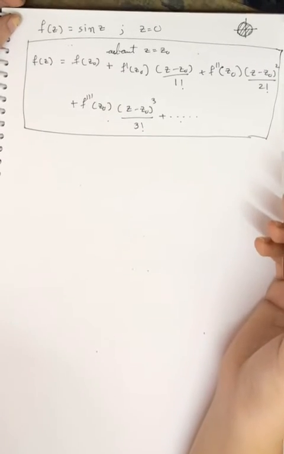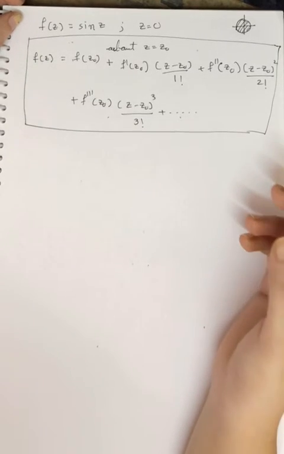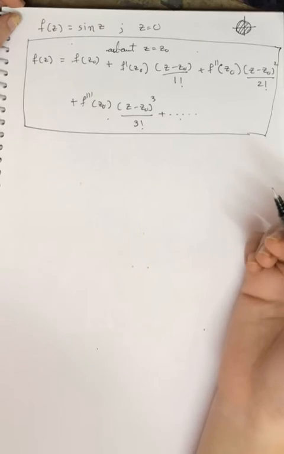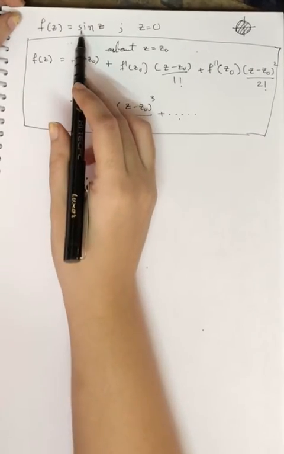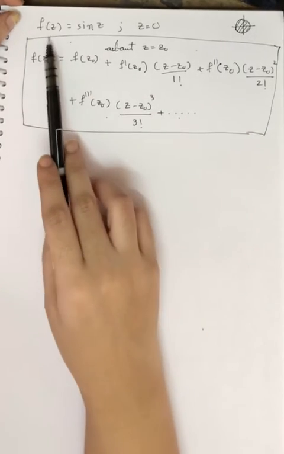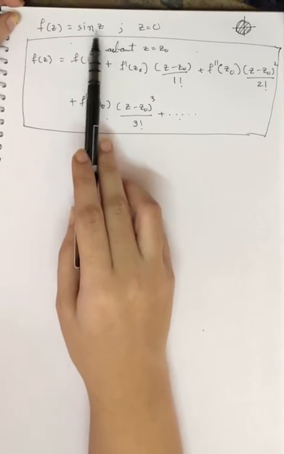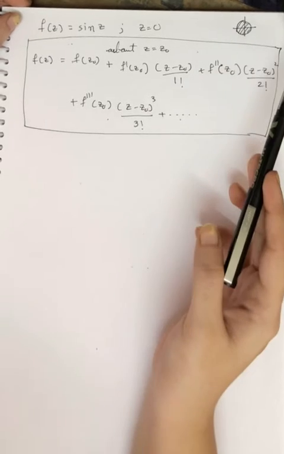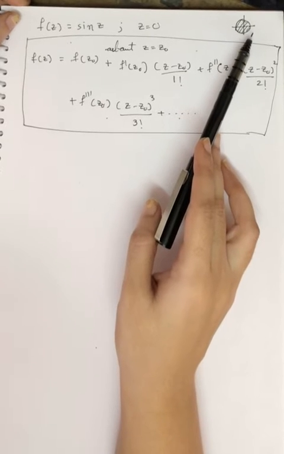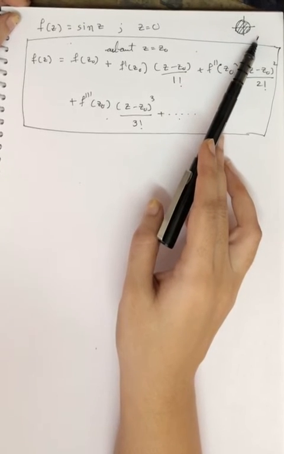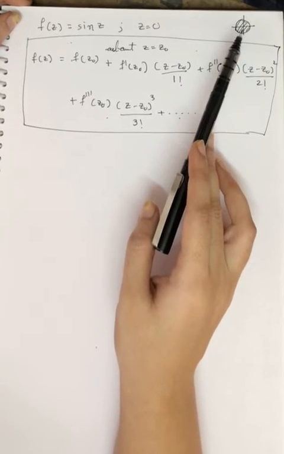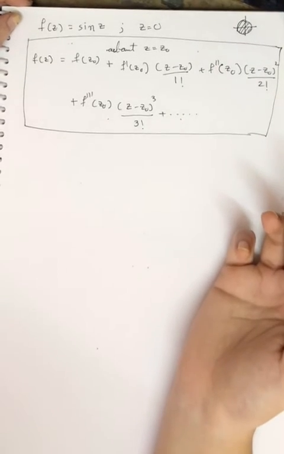If you are not given which series expansion you have to perform, you are just given a function and asked to find the series expansion, then you will have to check first in what kind of a region the function is analytic, whether it is in the closed region or in the annular region. Then you can perform the Taylor or Laurent series expansion accordingly.